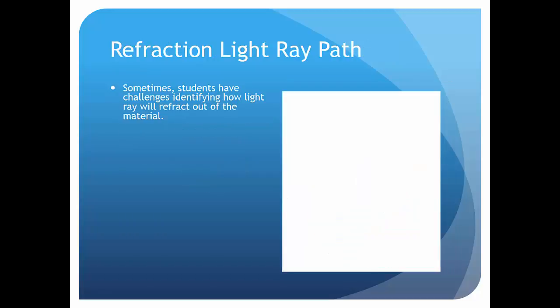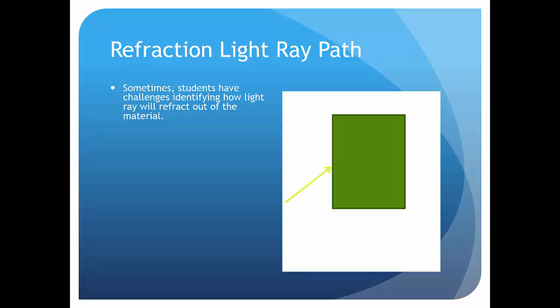But sometimes students have challenges identifying how a light ray will refract out of the material, especially if it's not their usual diagrams. If you look at this particular light ray that's going into a high refractive index material, students may not be very sure how to refract it. You just need to follow the steps.